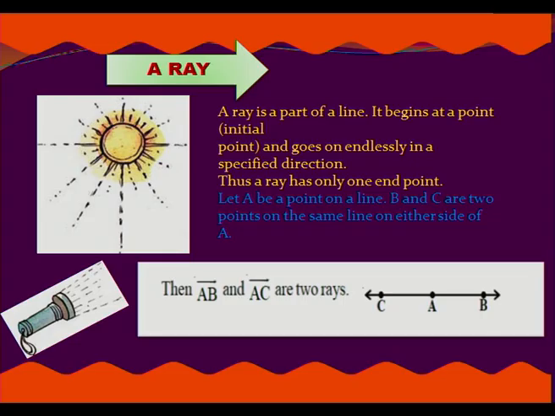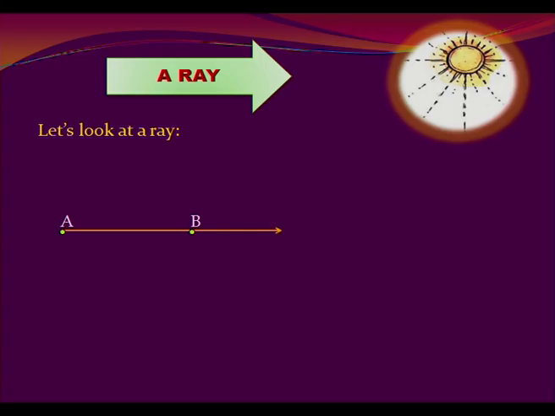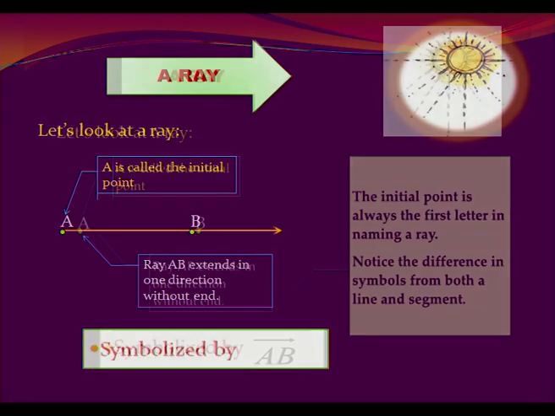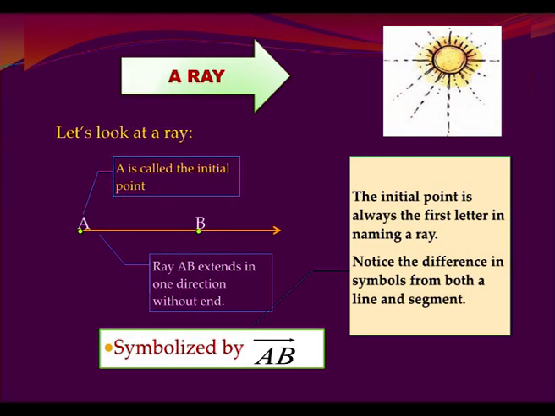I have taken a line CB, and on that another point A is there. I can say AC is a line segment and AB is a line segment. So, this is a ray which starts from A and goes on through B. I can name it like this, symbolized by ray AB.